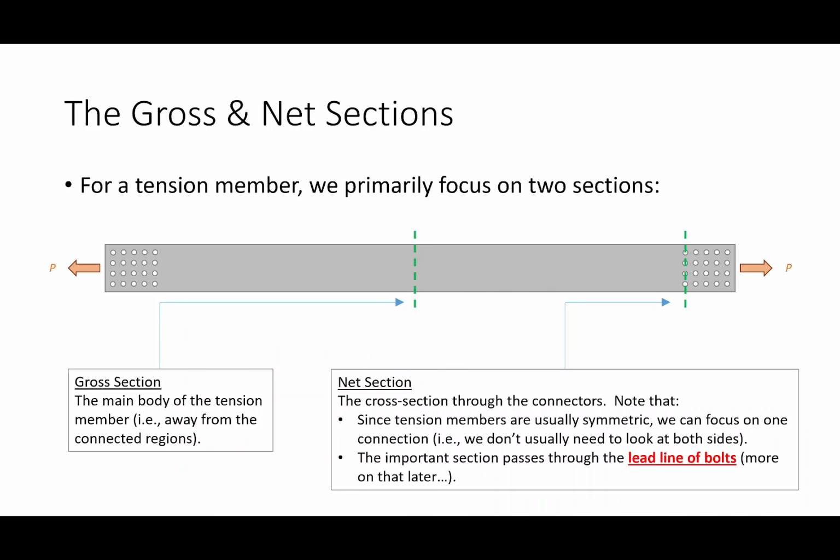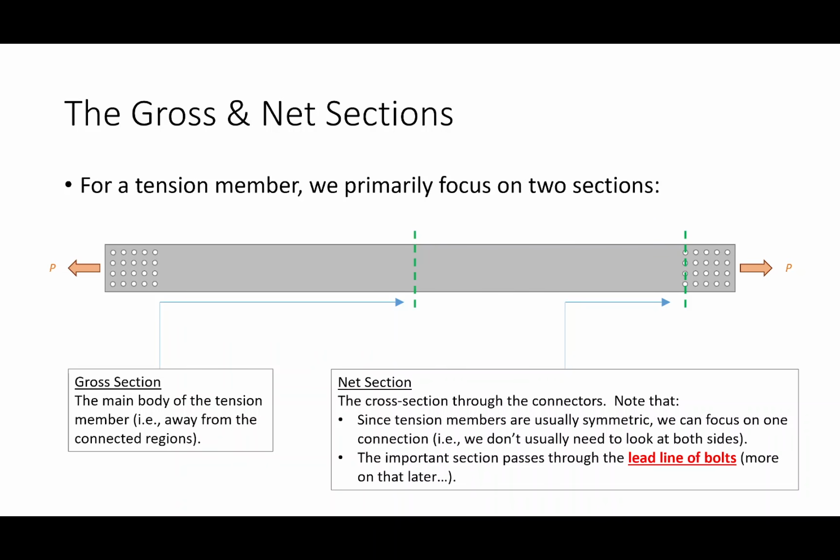The important thing is that the section that we cut passes through the lead line of bolts. For our first foray into gross and net sections, it's not really going to matter because the math would be the same. But suffice it to say that the lead line of bolts, if here's the tension member, is the section cut that's closest to the middle of the member. So instead of cutting here, here, here, we're cutting here because it's closest to the main body of the member.